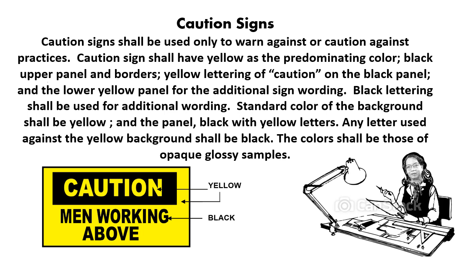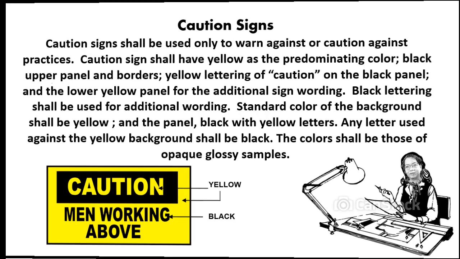Black lettering shall be used for additional wording. The standard color of the background shall be yellow, and the panel black with yellow letters. Any letter used against the yellow background shall be black. The colors shall be those of opaque glossy samples.